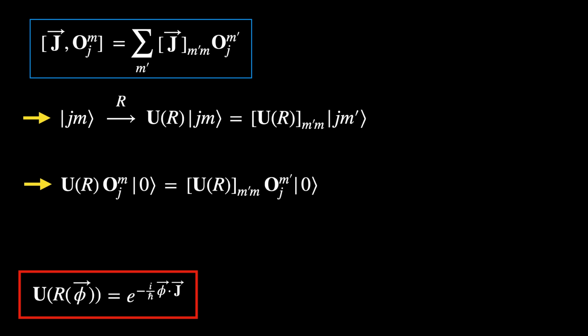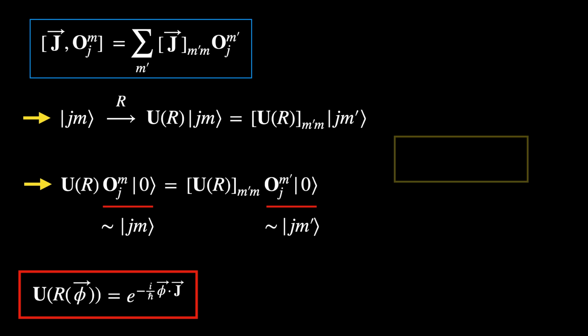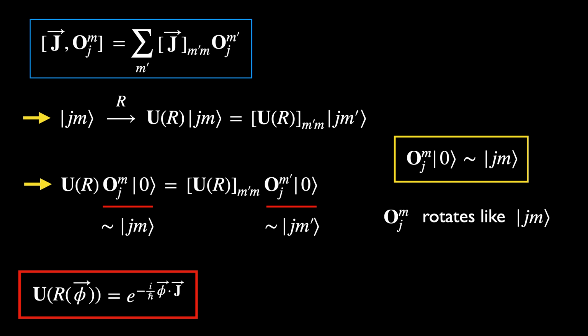It is apparent that this rotation rule is exactly the same as those for the Jm states. With this, the equivalence of the two states in the yellow box under all rotations is established. This is what we meant when we say OJM rotates like the state Jm. As we can see, this result is the direct consequence of the commutation relation above.